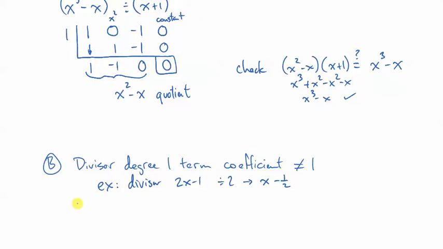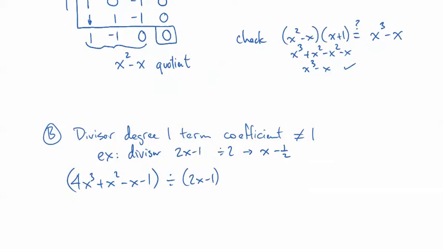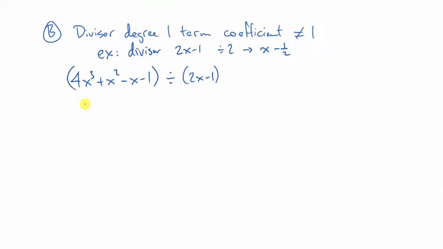So let's set up a problem here. 4x cubed plus x squared minus x minus 1 divided by 2x minus 1. All right, well, I am going to rewrite this as x minus half. So I'm going to write my negative half here. I will detach my coefficients, degree 3, degree 2, degree 1, and constant.